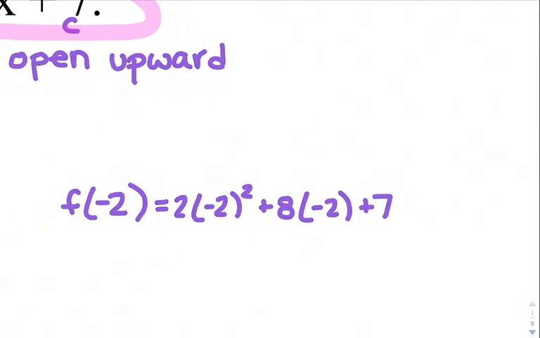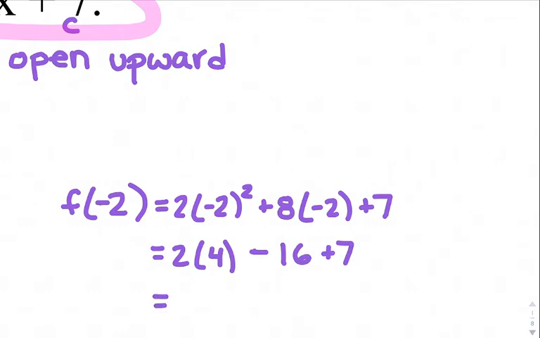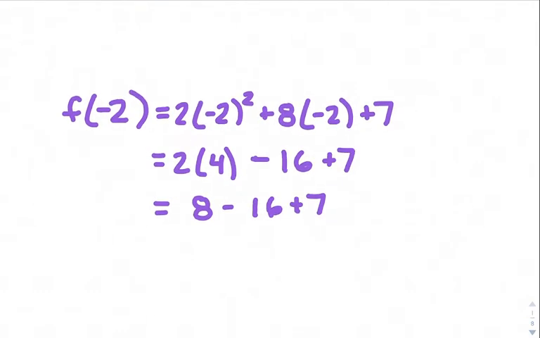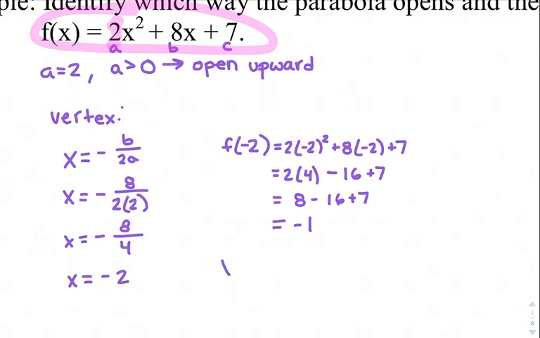Now I've got to simplify that. This is going to be 2 times 4 minus 16 plus 7. Well, 2 times 4 is just 8. Now I have 8 minus 16 plus 7, and that would give me negative 1, which means my vertex is at the point negative 2, negative 1.